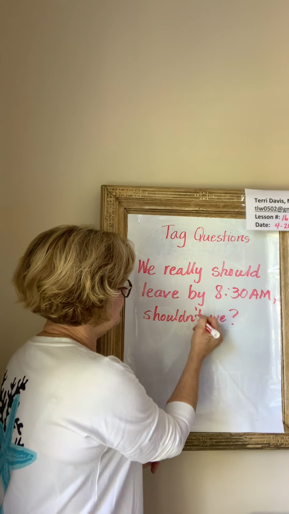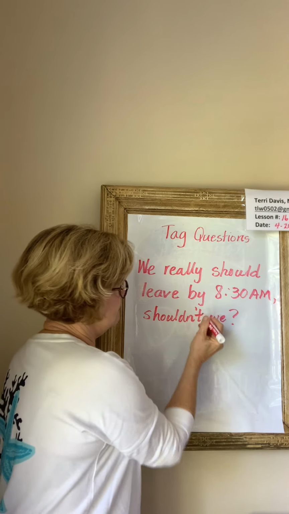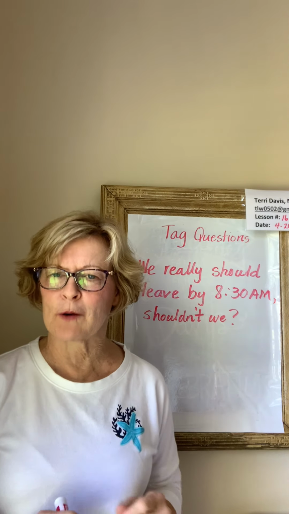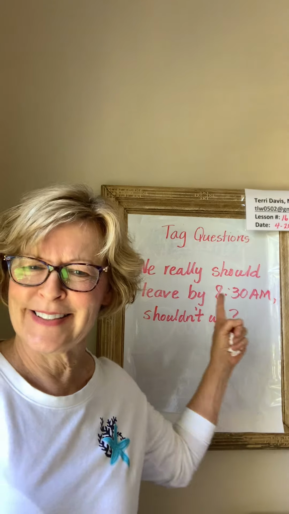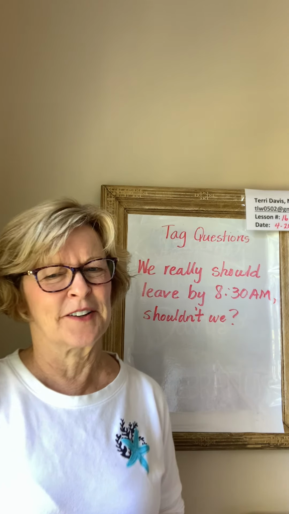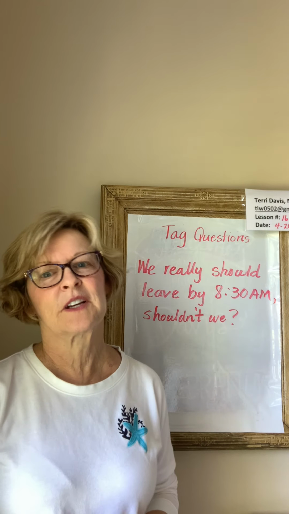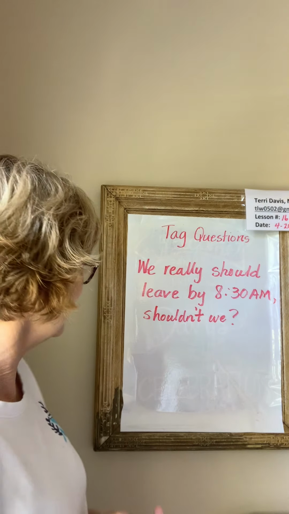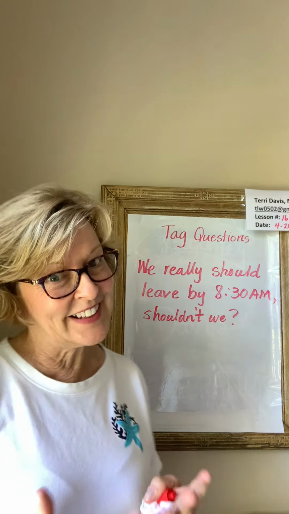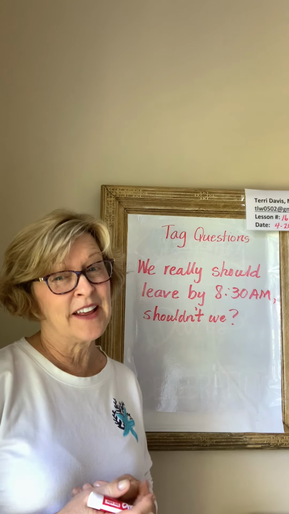So this one feels like you're not so secure about this idea. Maybe we should leave earlier is what you're thinking. And you really want the other person to give you feedback. So you're going to say this one sort of like that. We really should leave by 8:30 a.m., shouldn't we?